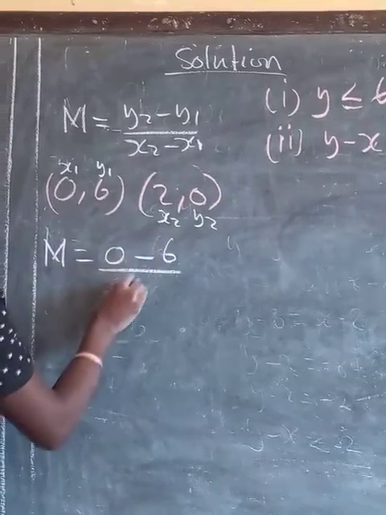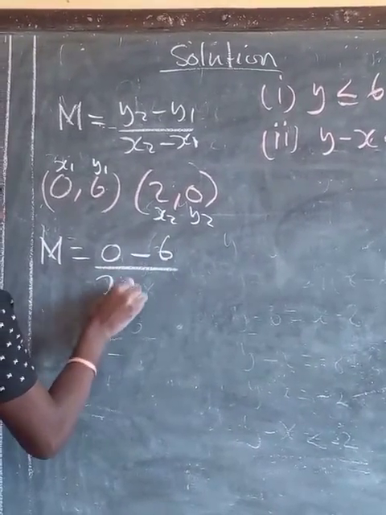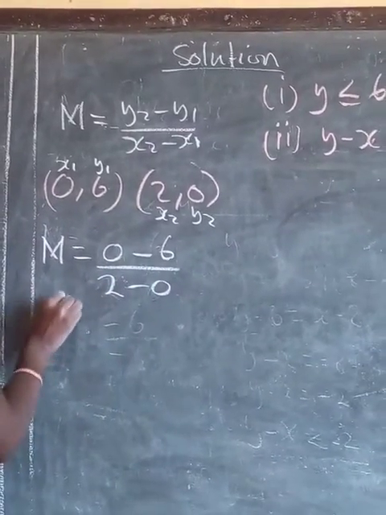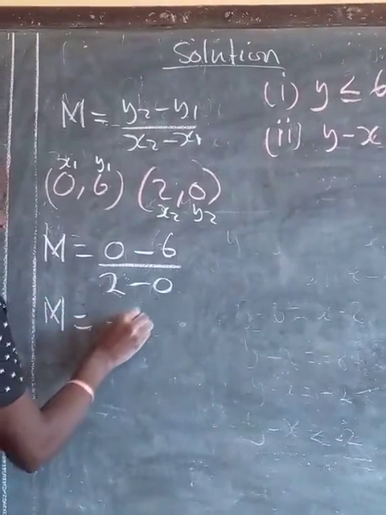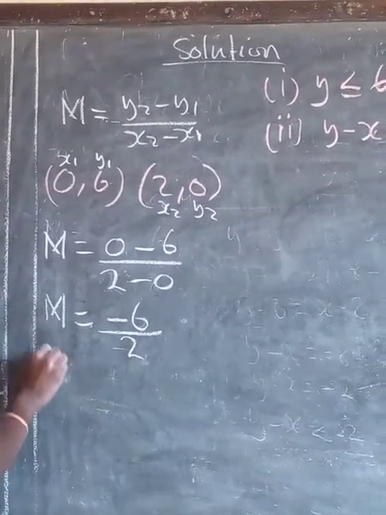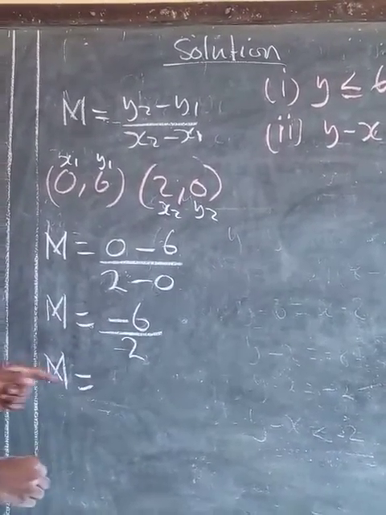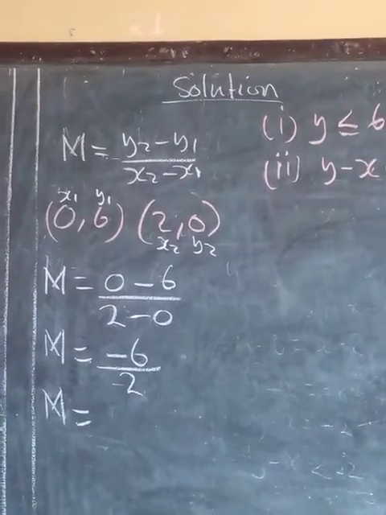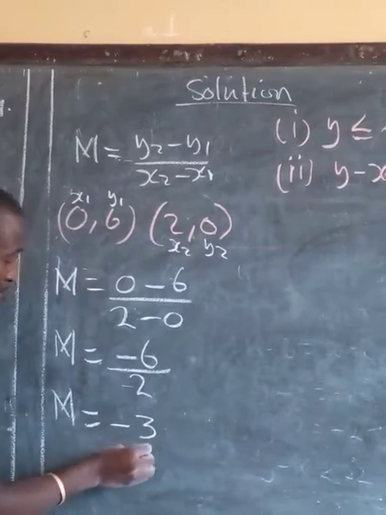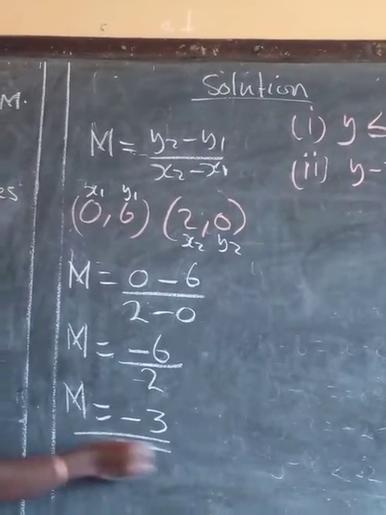It is 2 minus x1, which is 0. So my gradient is going to be -6 over 2, therefore -6 divided by 2, it is -3.